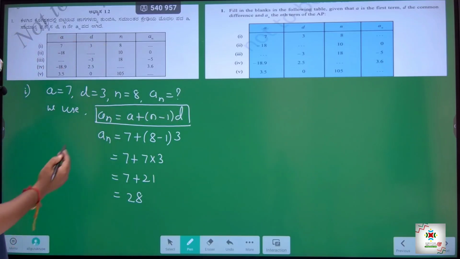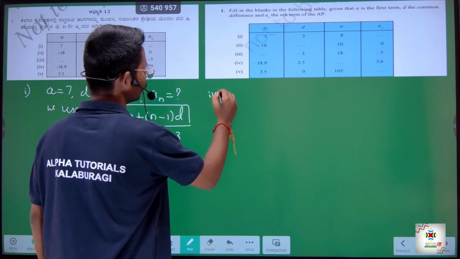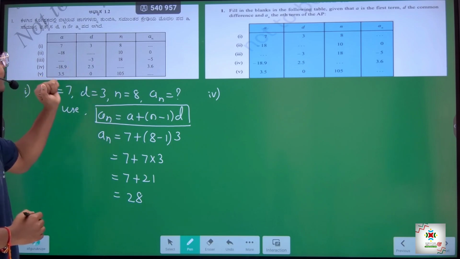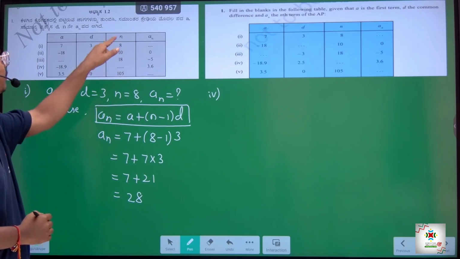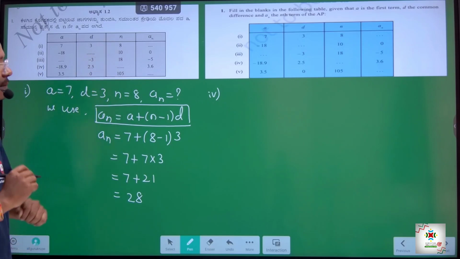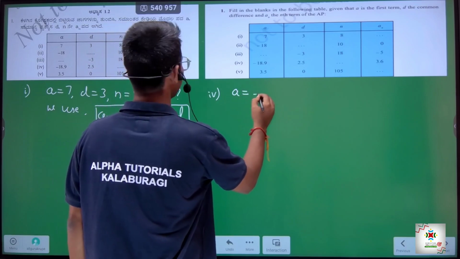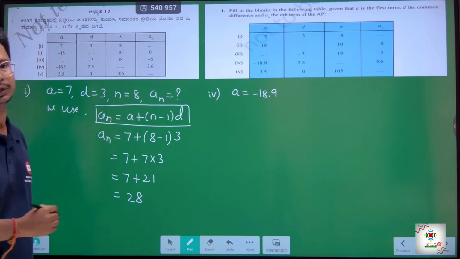Similarly, I'll take the fourth one. See, in the fourth one, the a value is given, the common difference is given, and the nth term value is also given. We need to find n, meaning how many terms are there. So again I'll write what is given. a is minus 18.9. You should be very careful in rewriting the question in exams.